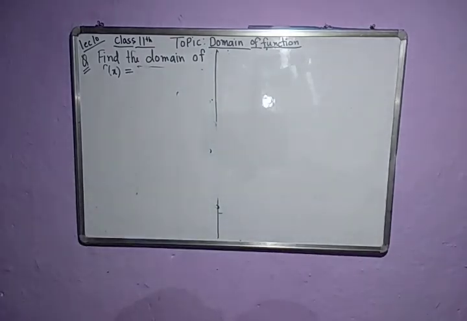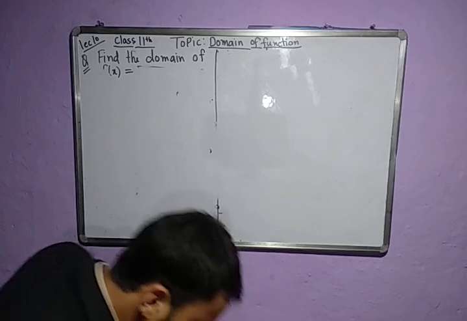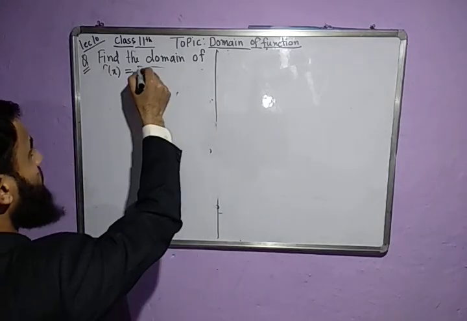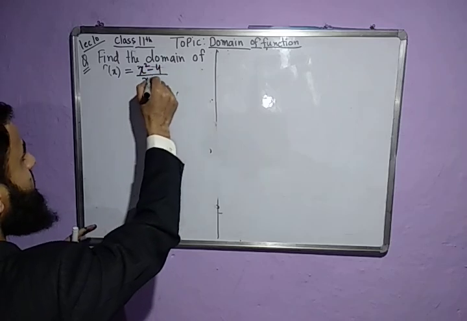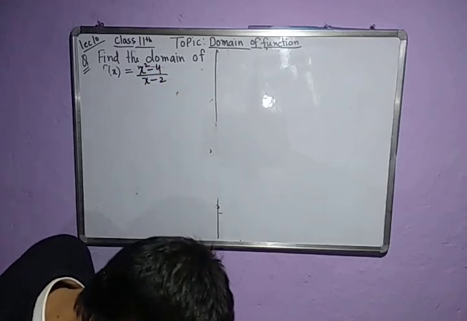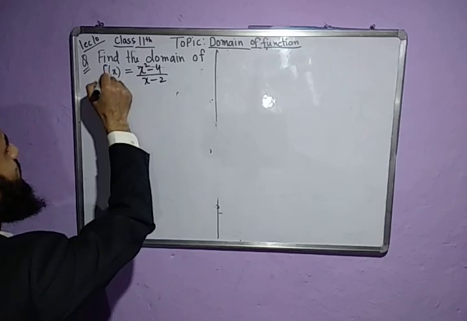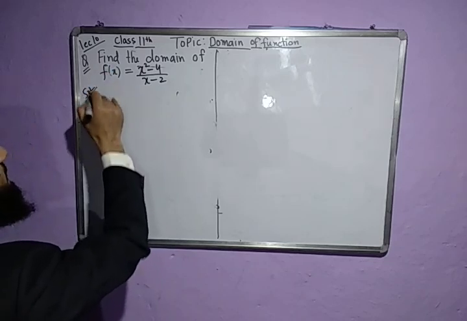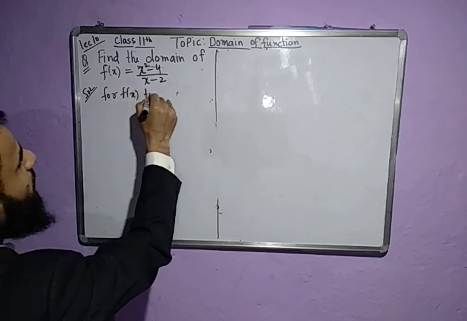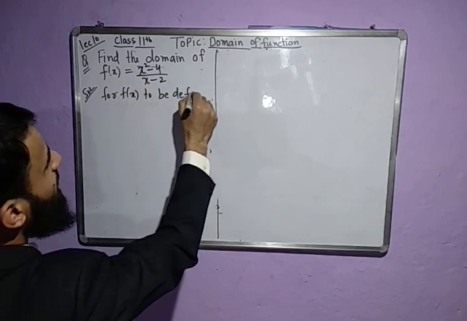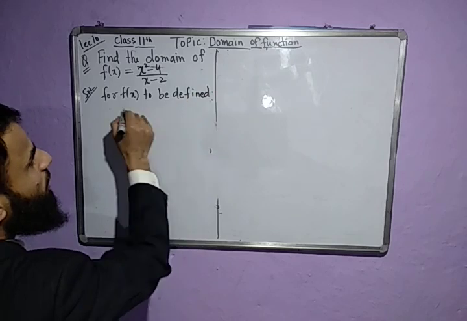I have a question. f of x is equal to x square minus 4 divided by x minus 2. We have to find the domain. So its solution is easy. Because for f of x to be defined, I told you that the denominator should not be equal to 0.